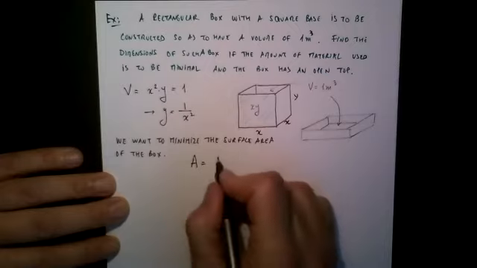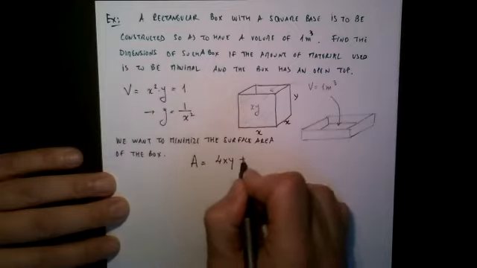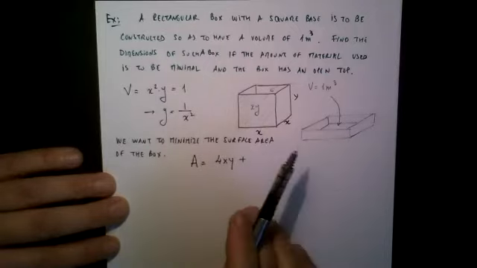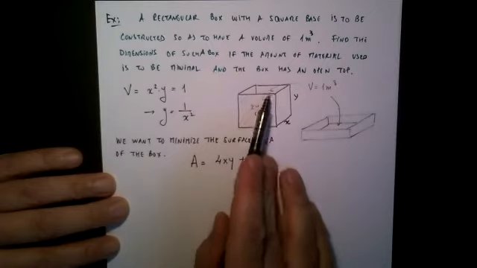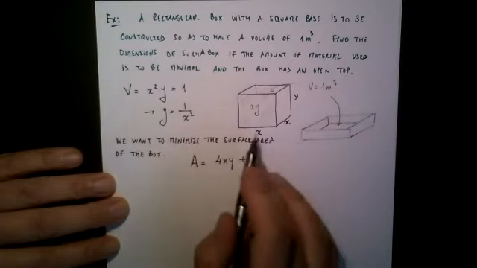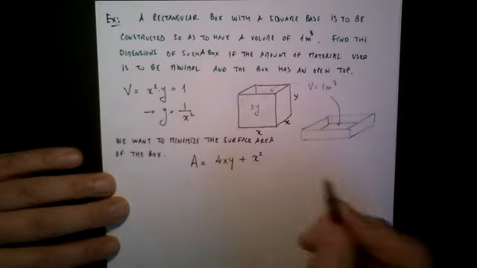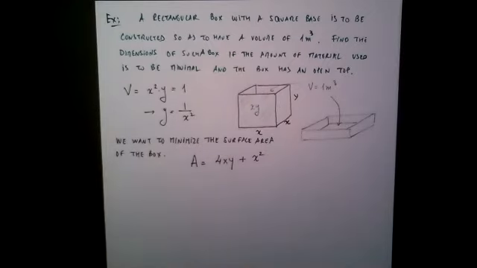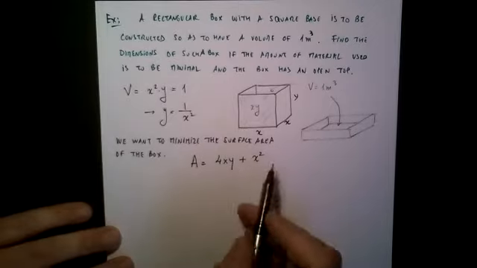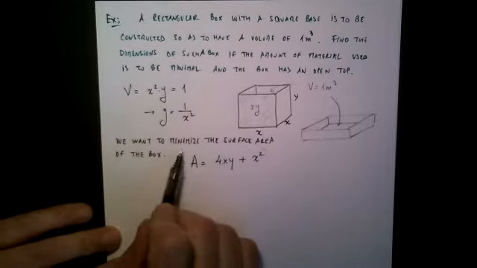So 4 times xy plus, and there's just one base, because it's just the floor, there's no ceiling, it's empty. So the area of the base, which is the area of the square, which is x squared. Any questions on how I got this? All good? All right. So this is what we want to minimize.